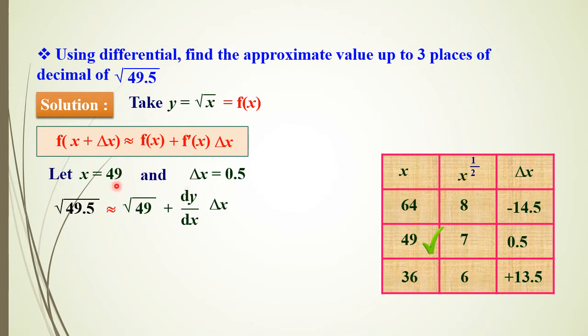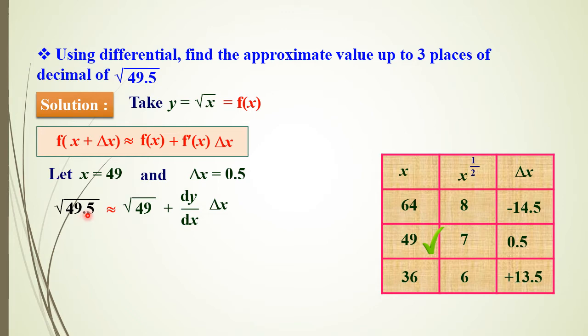After considering x equal to 49 and delta x equal to 0.5, substitute these numbers in the original form. So f of x plus delta x is 49 plus 0.5, which gives 49.5.